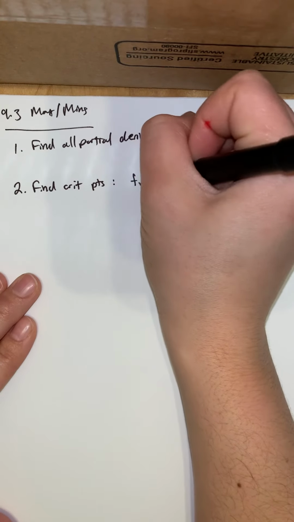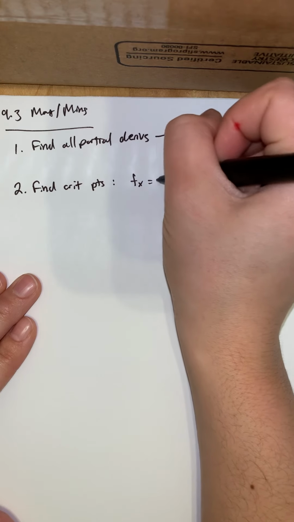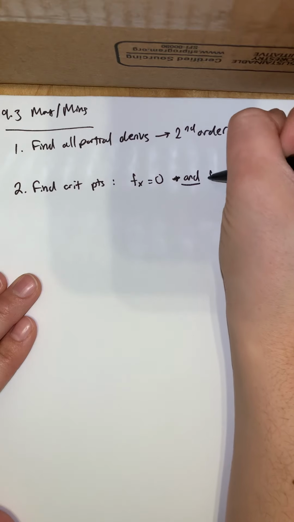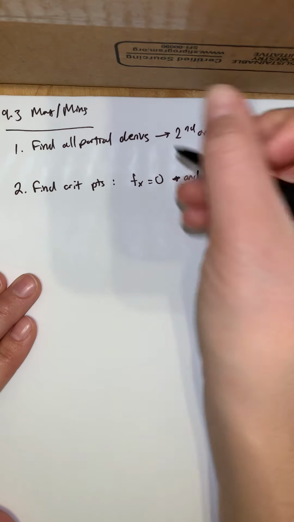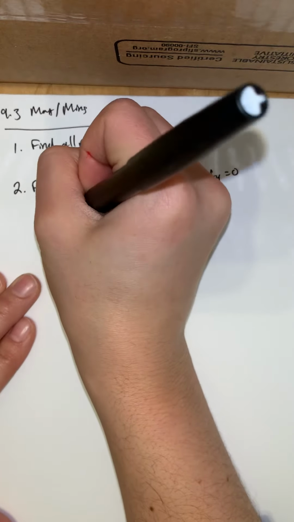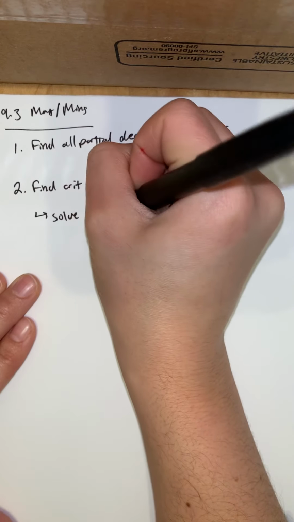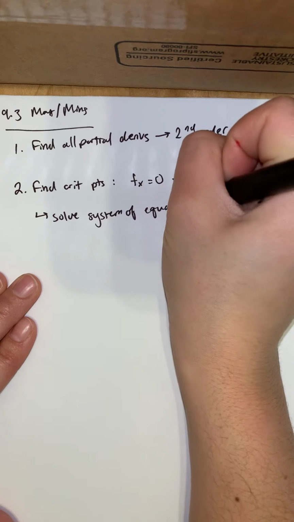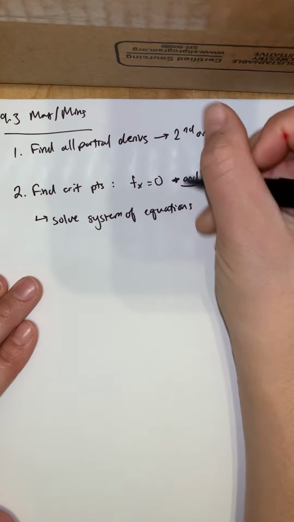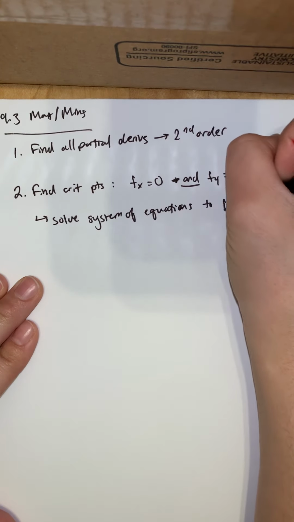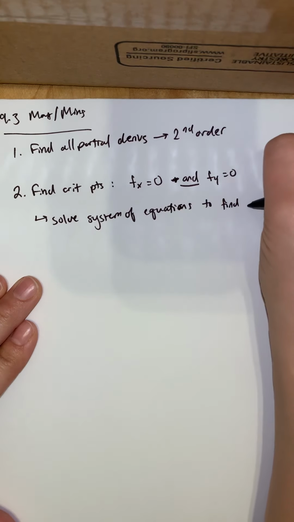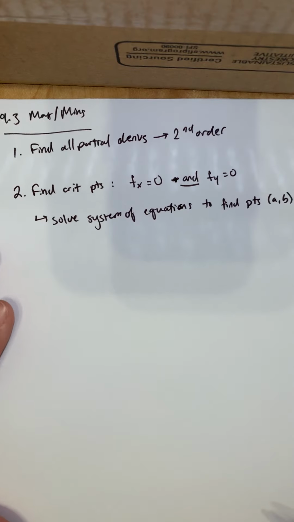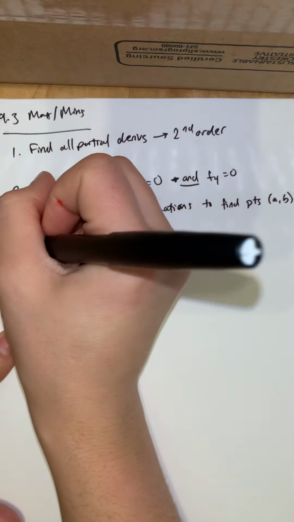We're going to set f sub x equal to 0 and f sub y equal to 0, and then solve the system of equations that we get, to find some points (a, b).